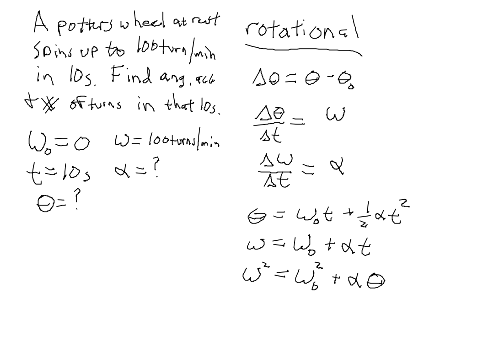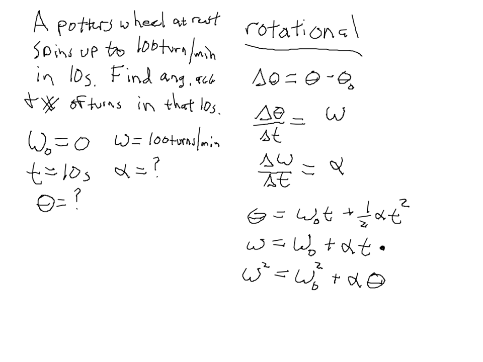Okay, so now we look at the kinematic equations, and we see which one of them relates what we know to what we want to know. First, in order to find alpha, it appears that this equation, the second rotational kinematic equation, will do the trick.